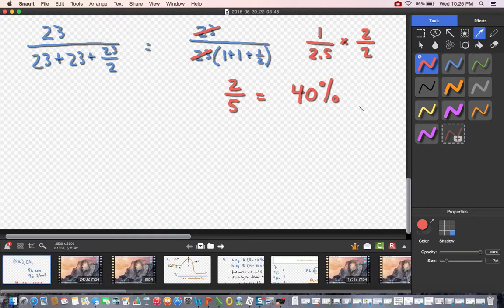I've done some estimating. We're going to look at the actual answer in just a moment. And I want you to evaluate what I've done estimating and the math that results from estimating with regards to having to do long division on your test, which you never want to do. This means that the Cl has to be 3 over 5 or 60%. So this should be 60% Cl, 40% Na.